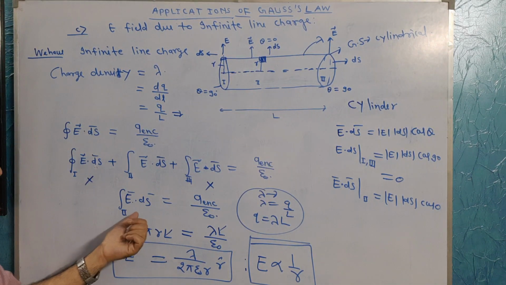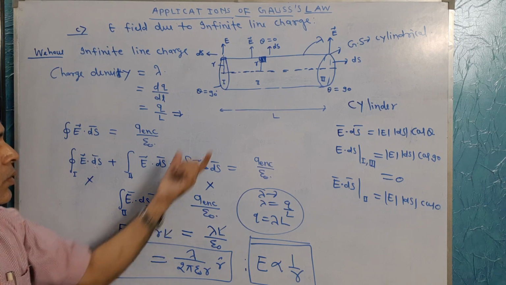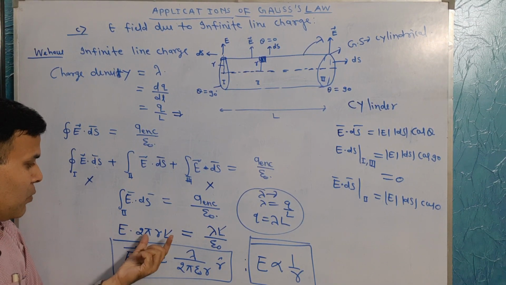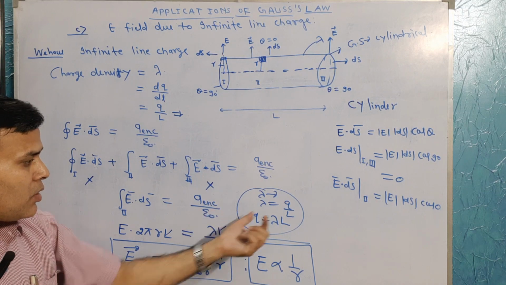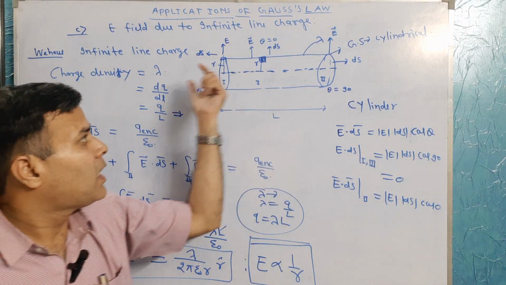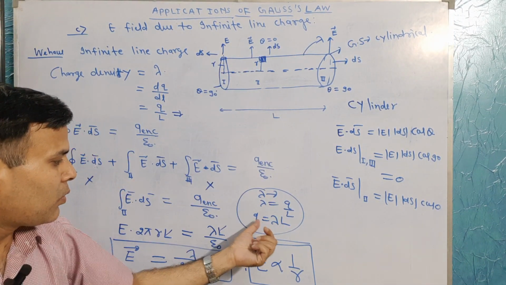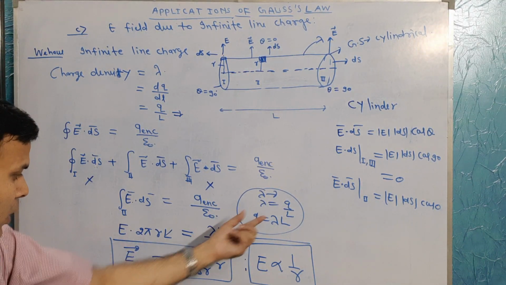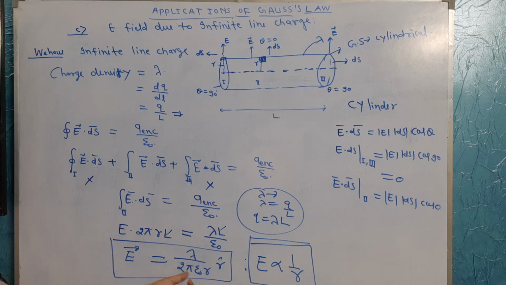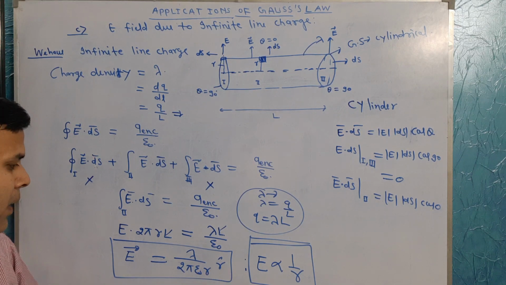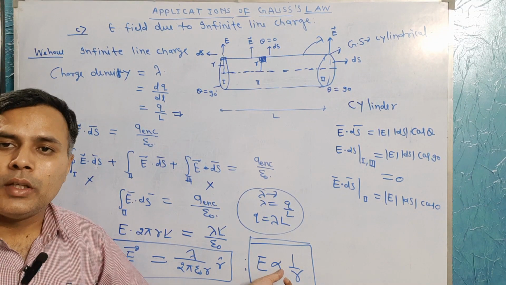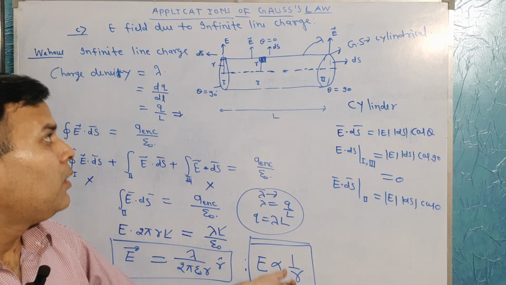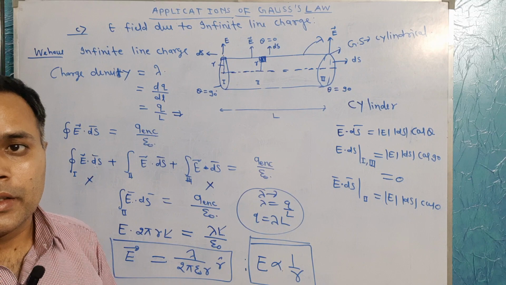So this is E dot ds, which is simply E into ds, and in this cylindrical area is 2 pi rl, E into 2 pi rl, and charge enclosed, if lambda is the line charge density of this wire, then total charge enclosed is lambda into length of the cylinder. So now putting the value and evaluating, we have lambda upon 2 pi epsilon naught r cap, and variation is E proportional to 1 by r. So it's all about the electric field due to infinite line charge. Thank you.